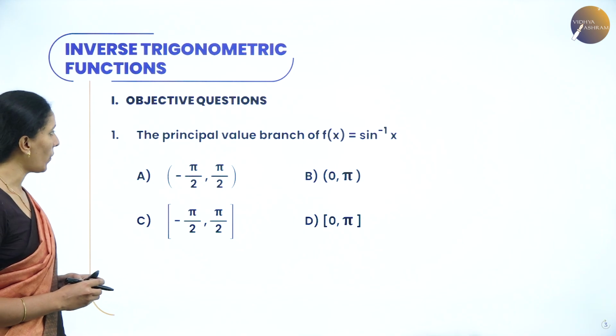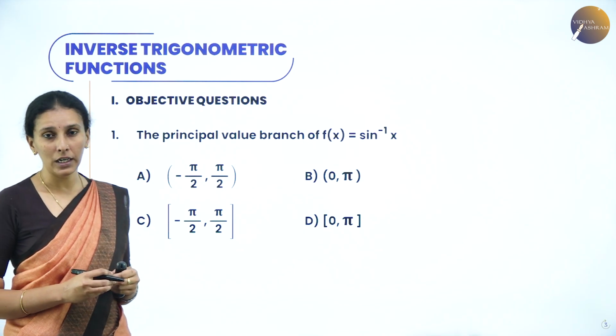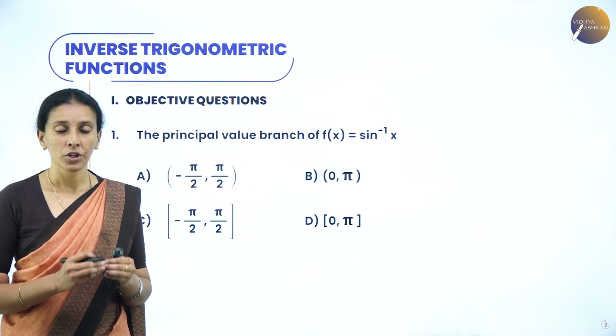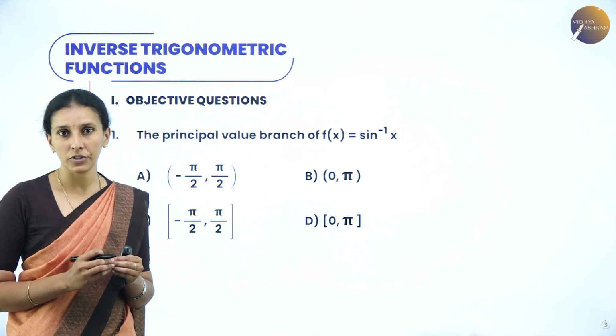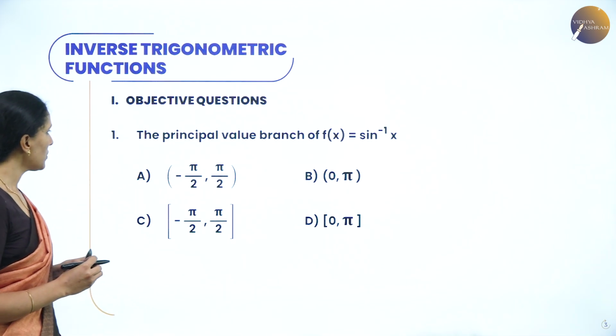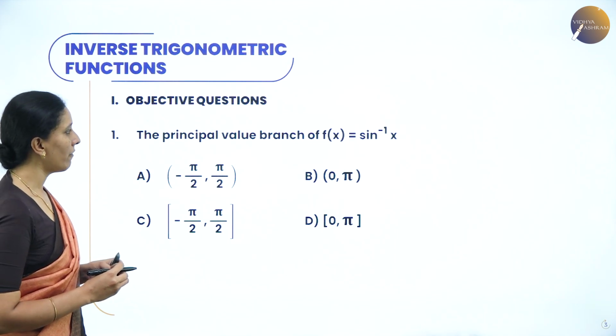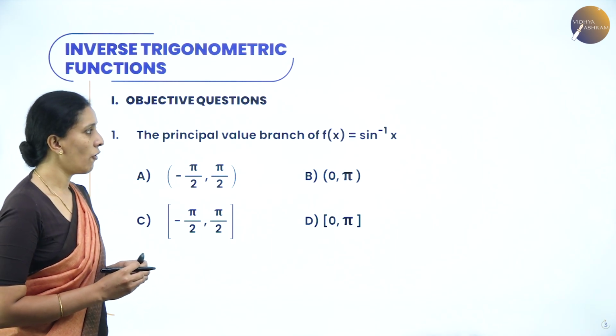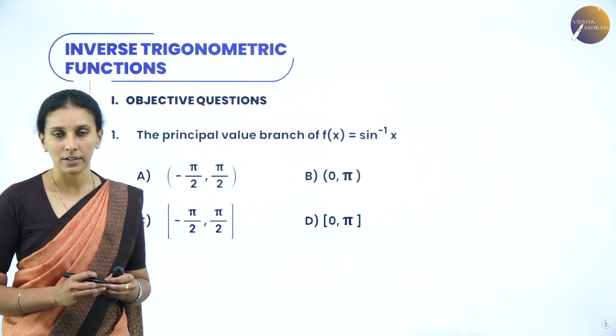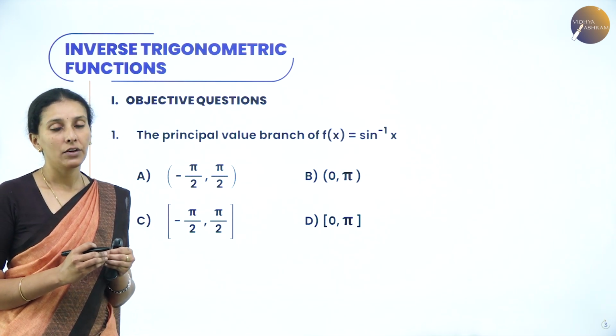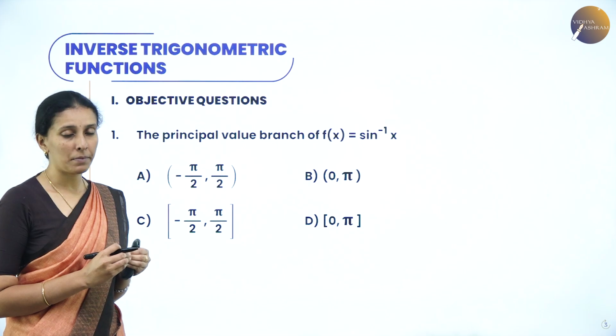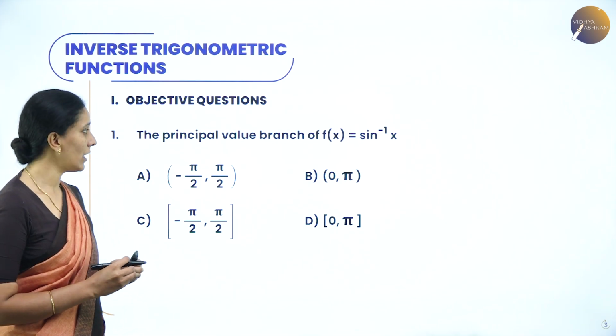From objective questions, basically you have to learn the principal value branch, the domain and range of the inverse trigonometric function. The first question here is: the principal value branch of f of x is equal to sine inverse x. Where does the sine inverse x lie? That is the principal value branch or the range of the given function.